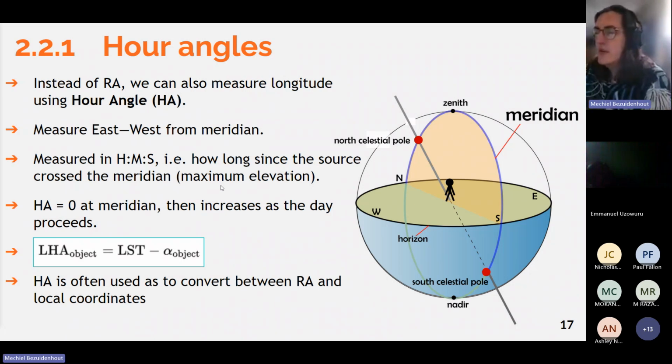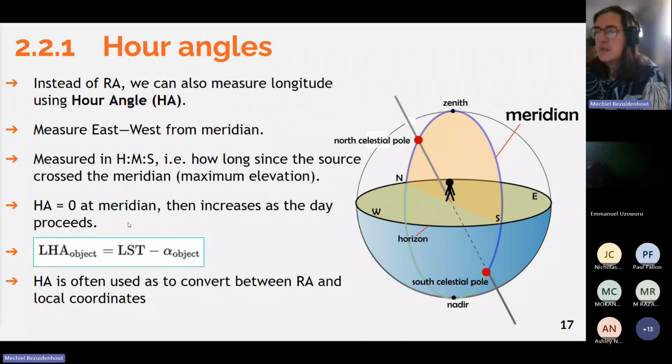So you can convert between the local hour angle and the right ascension using this equation. The hour angle is the local sidereal time minus the right ascension of the object. So this is why we tend to measure right ascension in hours, minutes, and seconds rather than degrees, because it makes this conversion to the local hour angle easier, or historically that's been how people have preferred to do it.